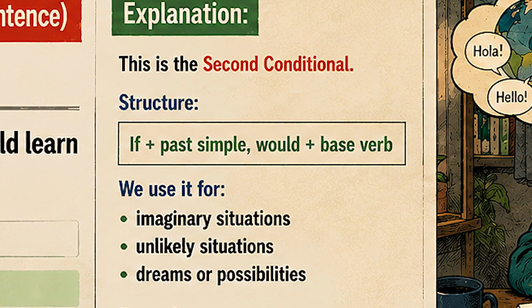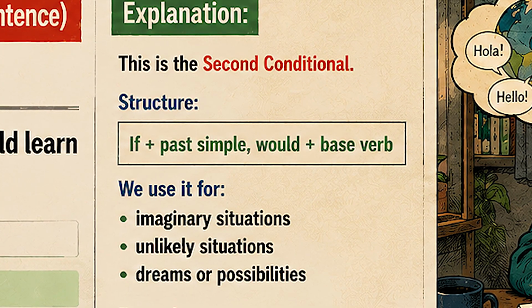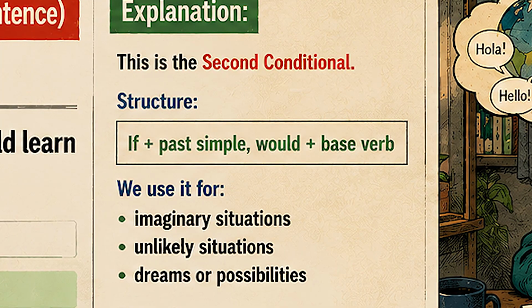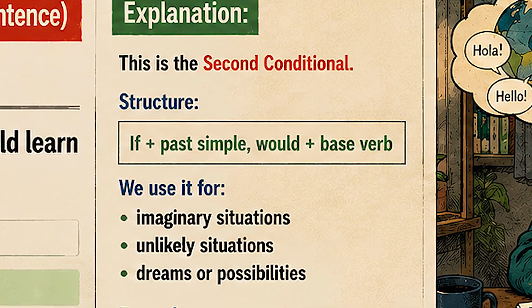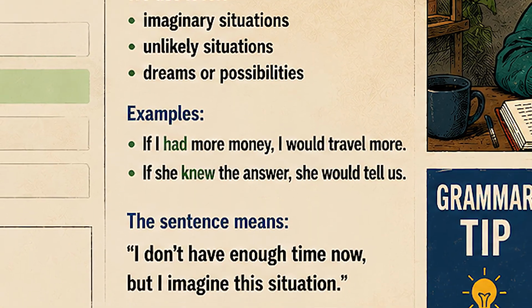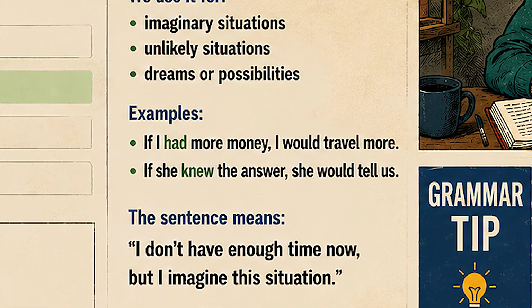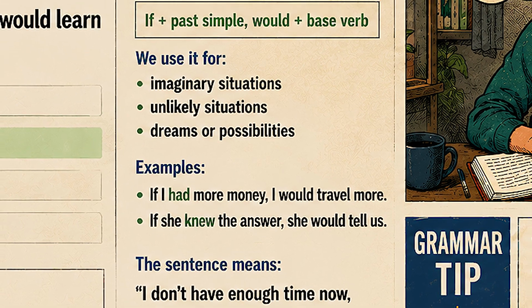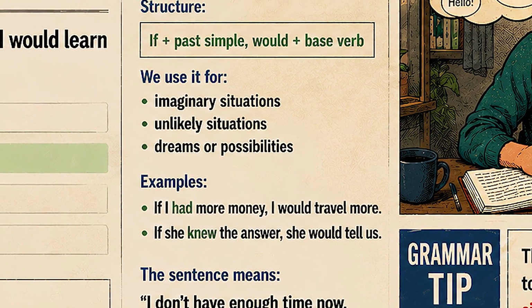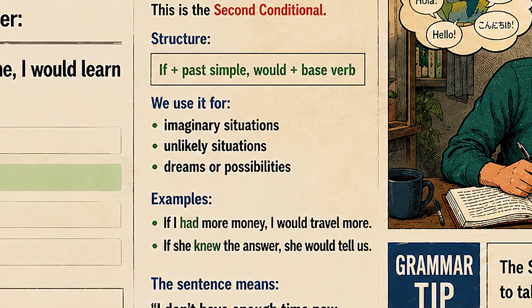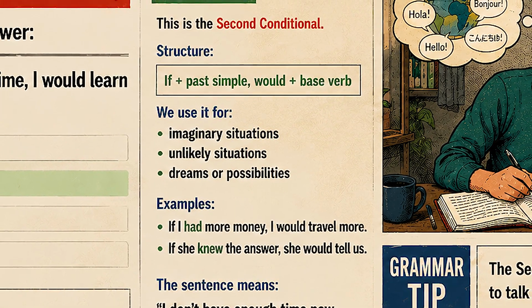The structure is if plus past simple, would plus base verb. After would, we use the base form of the verb. Let's have another example. If I had more money, I would travel more. It's an imaginary situation. I don't have more money right now, and for that we use second conditional.